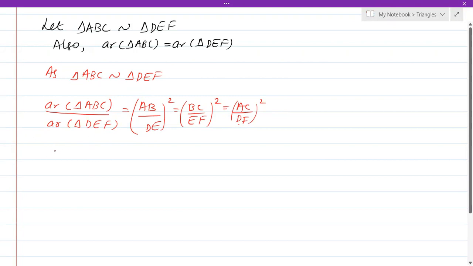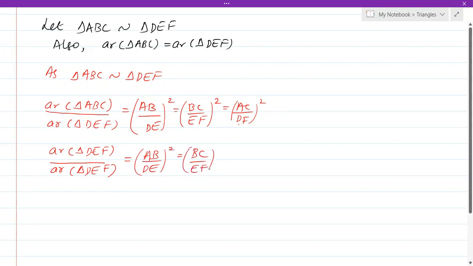Okay. So from the given data, instead of area of triangle ABC, we can write it as area of triangle DEF because both the areas are equal. So we are replacing ABC by DEF. Area of triangle DEF by area of triangle DEF is equal to AB by DE the whole square, which is equal to BC by EF the whole square, which is equal to AC by DF the whole square.